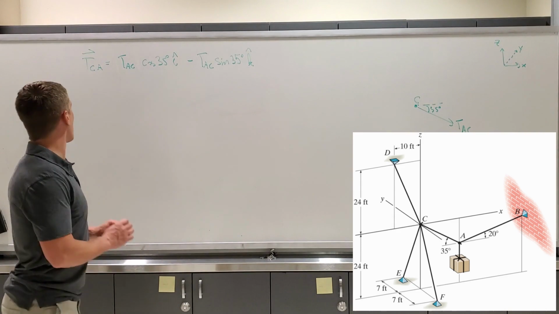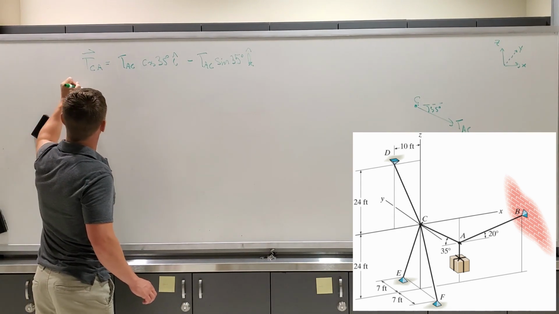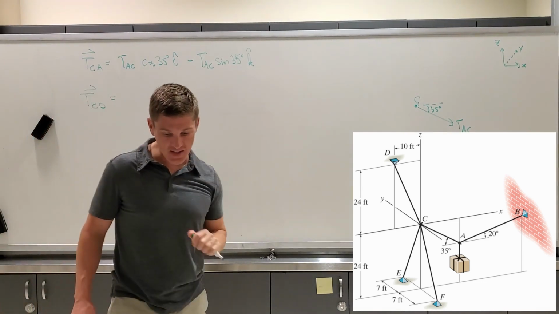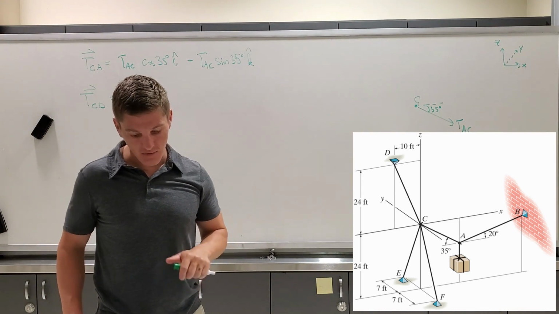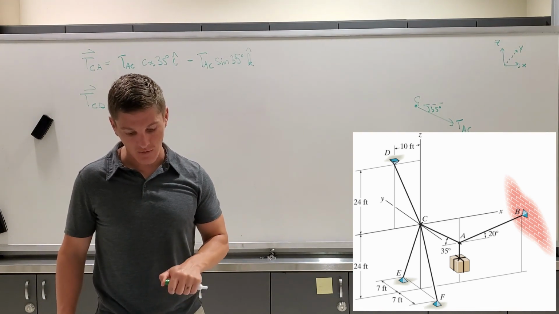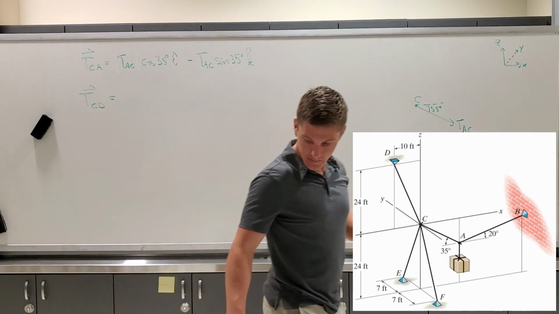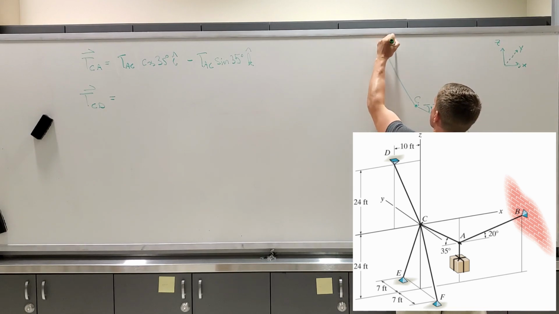Okay, let's take a look at TCD. The vector of the tension that points from C towards D, in this instance, once again, we are confined to the XZ plane, and we have a rope. It goes up this way, and this is going to be TCD.